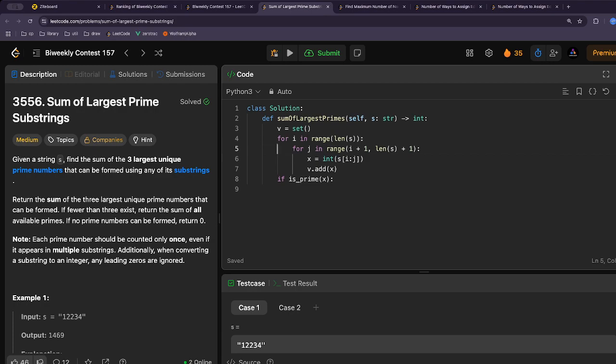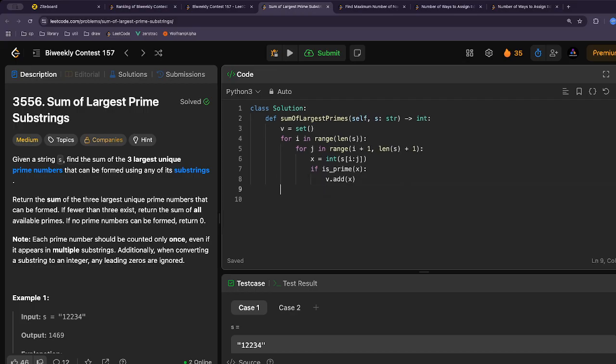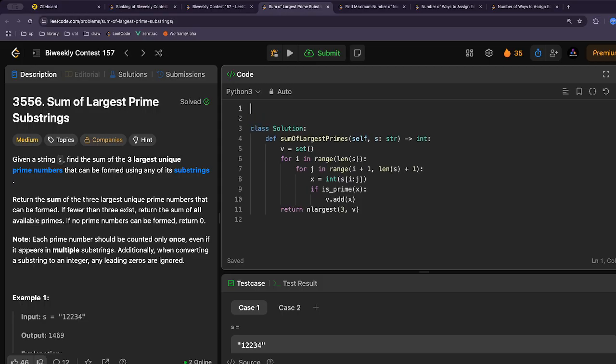Yeah, and well, let's do it this way. It doesn't matter. And then remember that we have a function in Python called nlargest, where we can ask for the 3 largest values, and this should work.